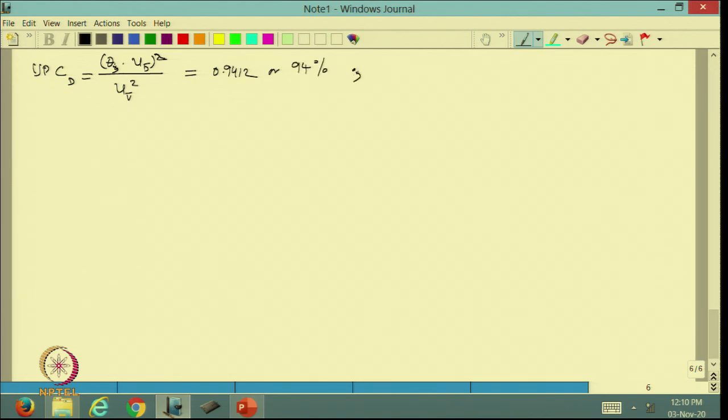We do the same calculation for the UPC in length. It will be the same formula, theta L u L bar square upon u v bar square, and this calculation will come out to be 0.058, and if you round this off, this is about 94.1%.